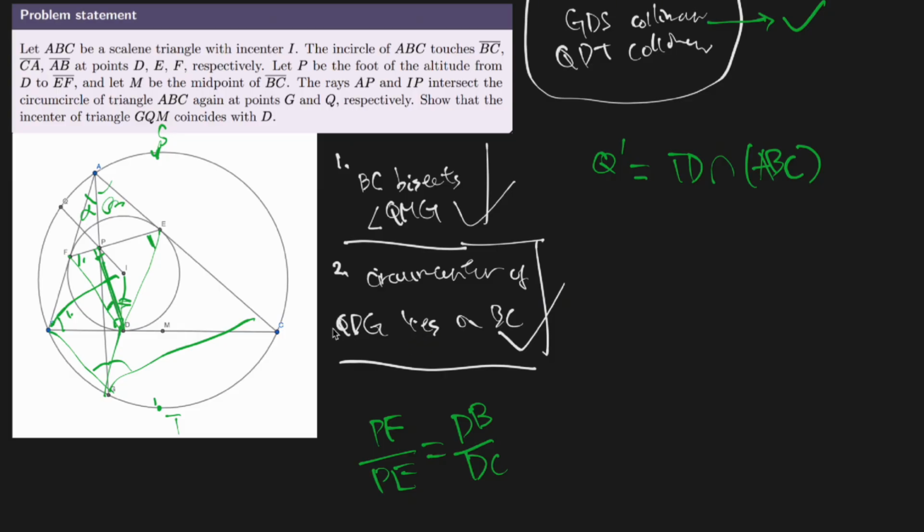And so what can we do about this point Q prime? Because of space issues, I'll just cover my Q here and call it Q prime. And we know that Q prime, D, T are actually collinear. So here we will go for a bit of a similarity, but before that, let me erase some of this to make space for some of our observations.